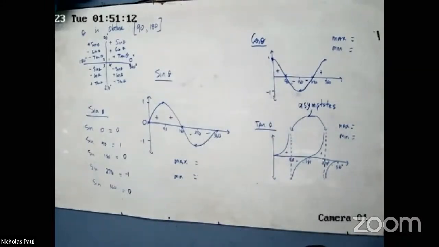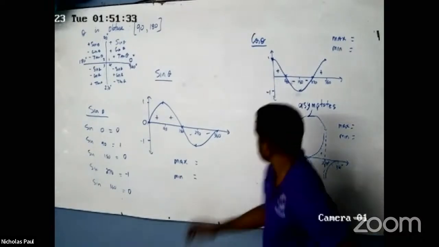So how come it has a curve for the tan graph? What do you mean, Alejandro? Like why it's shaped like this? Yeah.